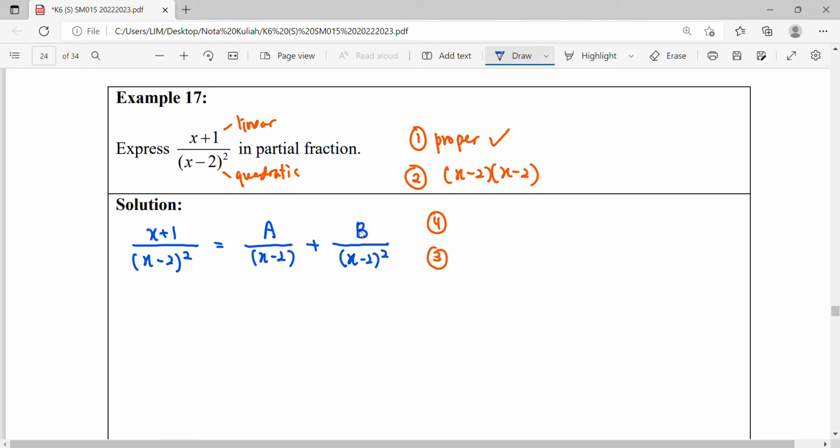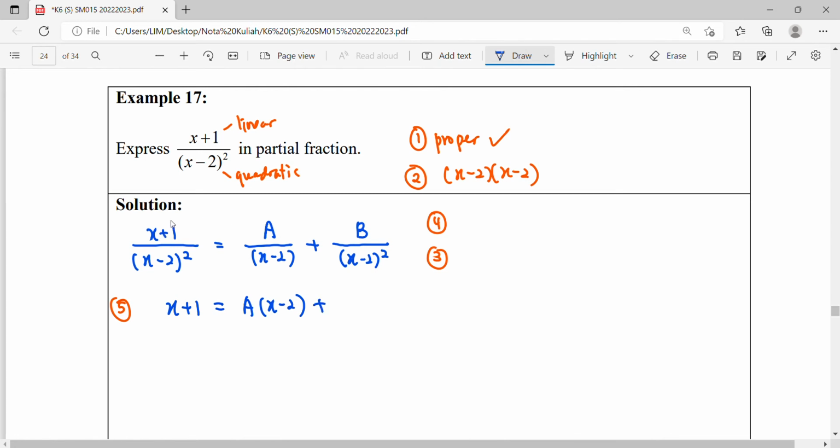After that, we're going to form the equation by equating the numerators. We show the numerator x + 1. When this fraction is combined back to its original fraction, the A supposedly multiplies with (x - 2), because its denominator already has one factor, so what it needs is just another (x - 2) to go back to the original fraction.